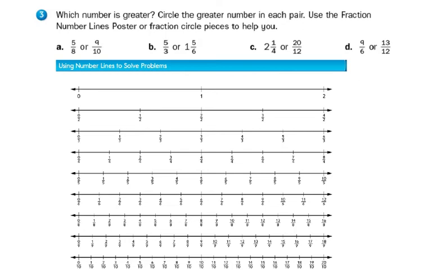So either 5/8 or 9/10. So what I'm going to do is look for the line that has 8s, which is this one. So I'm going to make a dot at 5/8. And then I'm comparing that to 9/10. So I use this one down here, 9/10. Which is larger? 9/10.